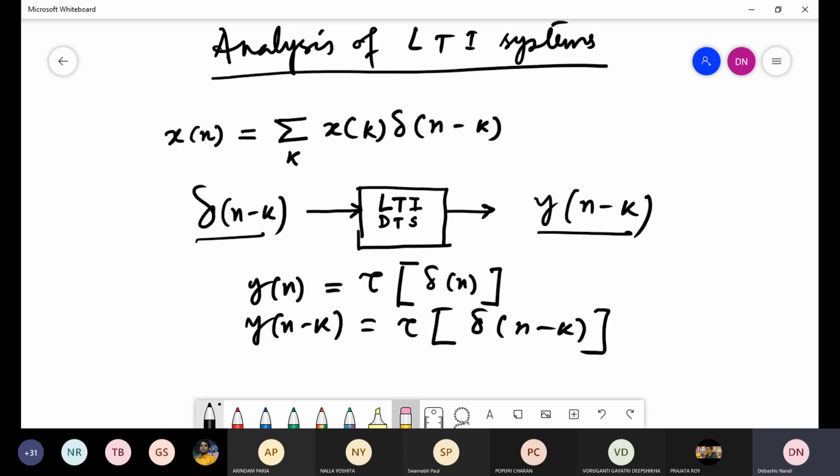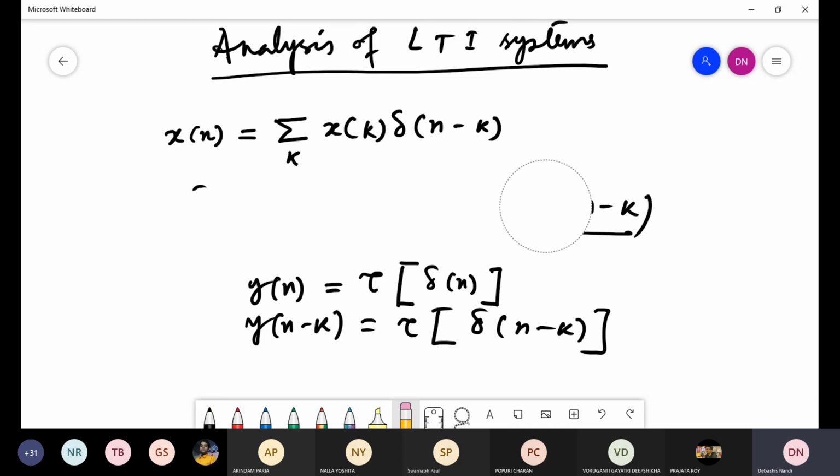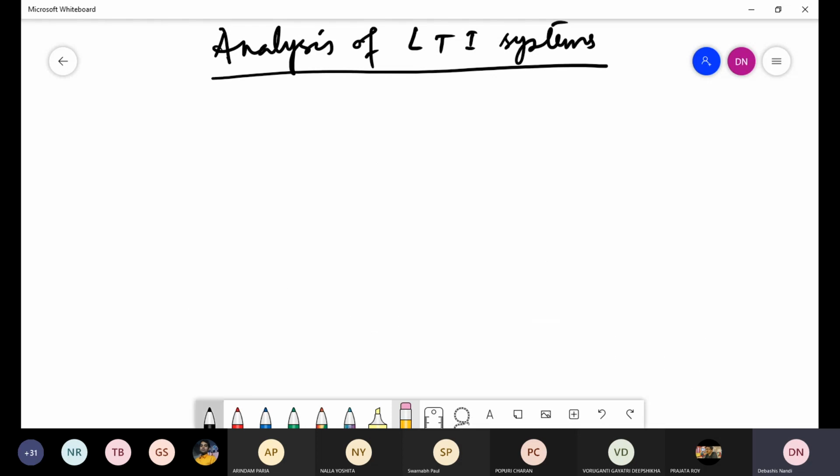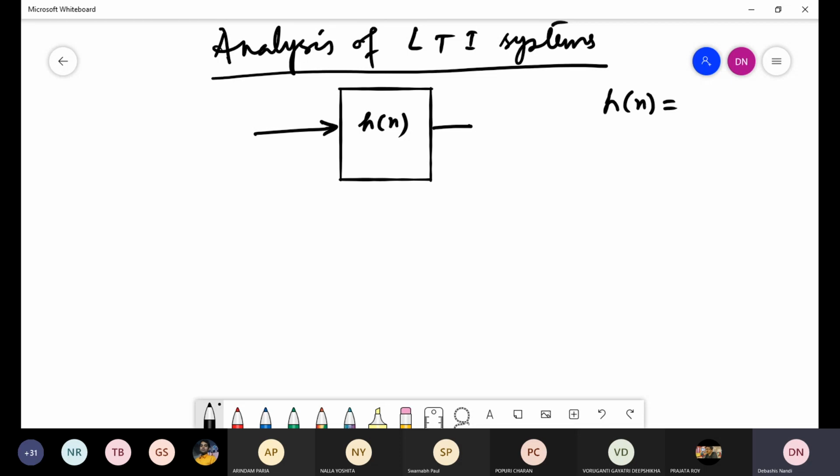So if we take this idea, then suppose this is our system where h(n) is defined. Okay, h(n) is given. Now h(n) is equal to transformation on delta(n).